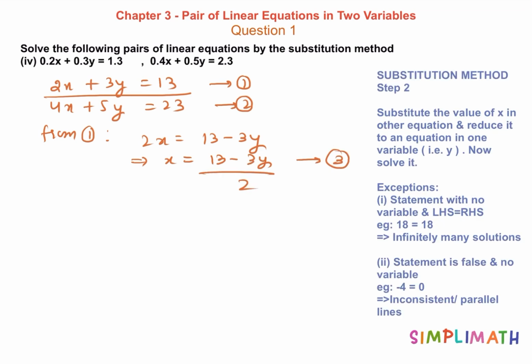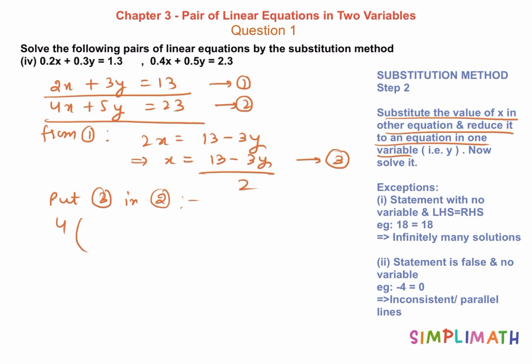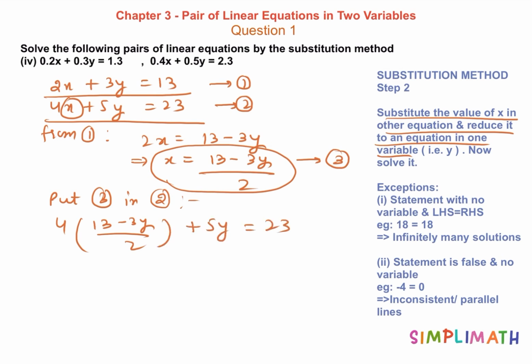From step 2, we substitute the value of x in the other equation and reduce it to an equation in one variable. So we put 3 in equation number 2. So we have 4 into x. We substitute the value of x from here: 4 into (13 minus 3y) by 2 plus 5y equals 23.